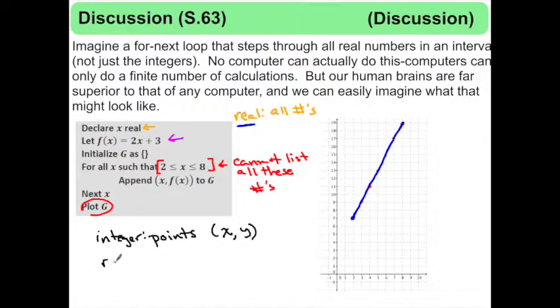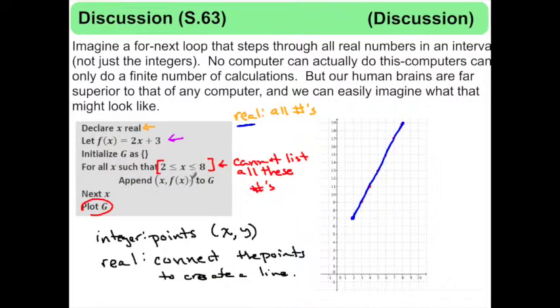If you see in your program that your teacher writes and it is prefixed by the declaration real, then you are going to connect the points to create a line. That is something you want to think about because it will make a difference between correct or incorrect.